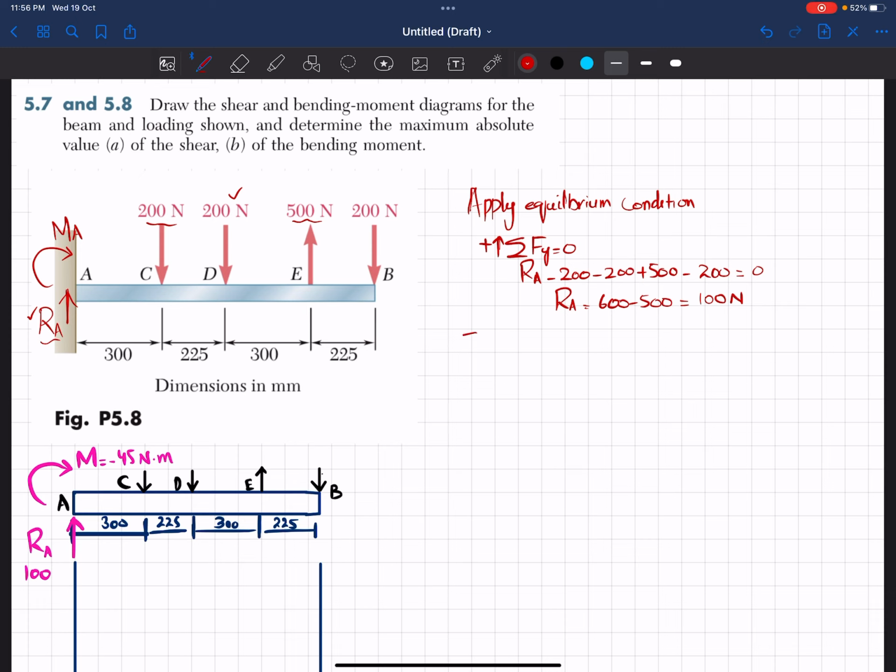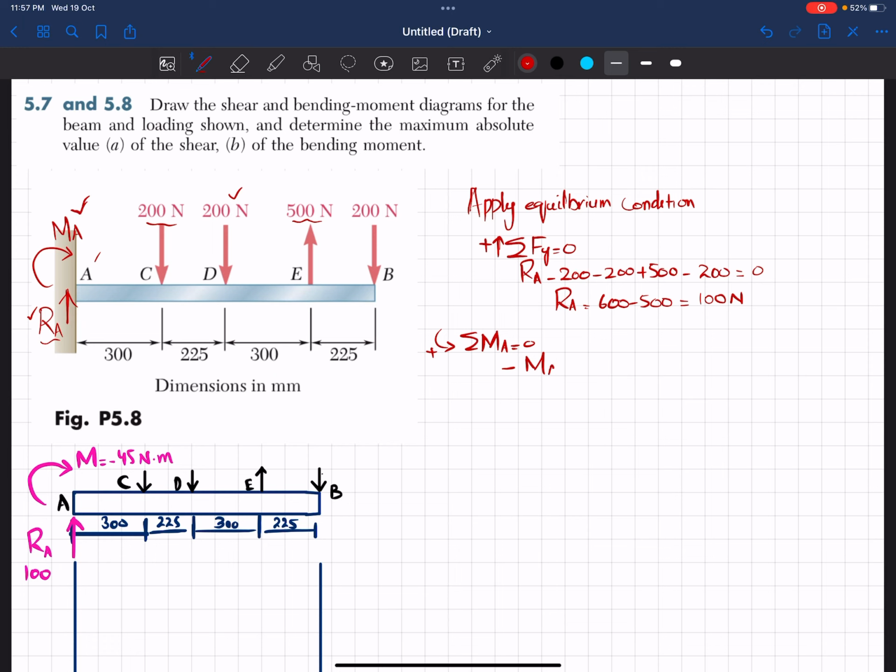Now we'll apply the second, moment equilibrium condition: the sum of all moments about point A is equal to 0, taking the counterclockwise moment as positive. At point A we have this clockwise reaction moment, so this will be minus MA, the moment about point A. This MA is the reaction moment.